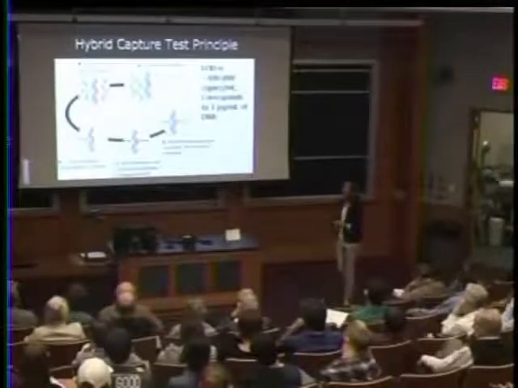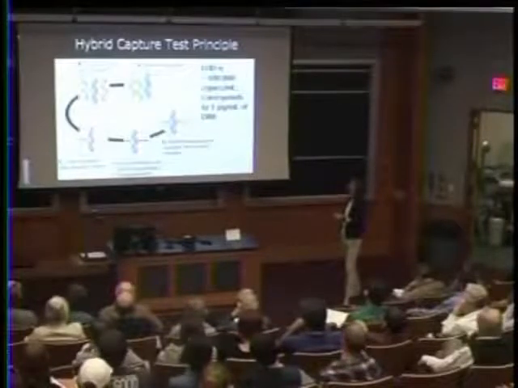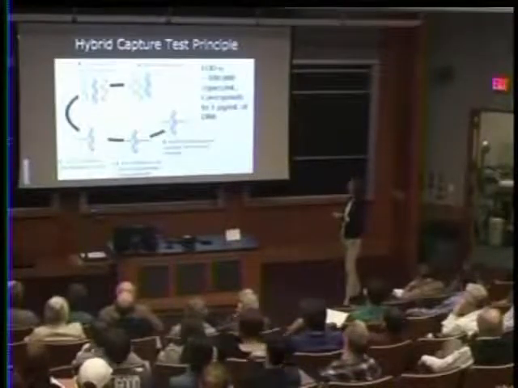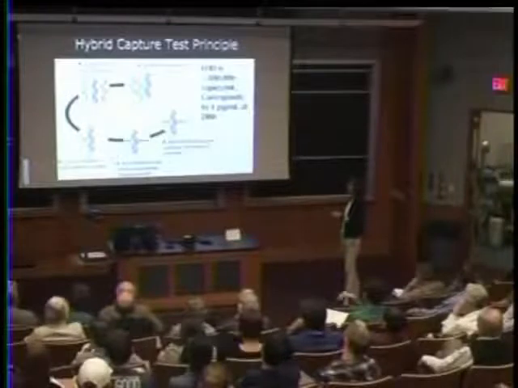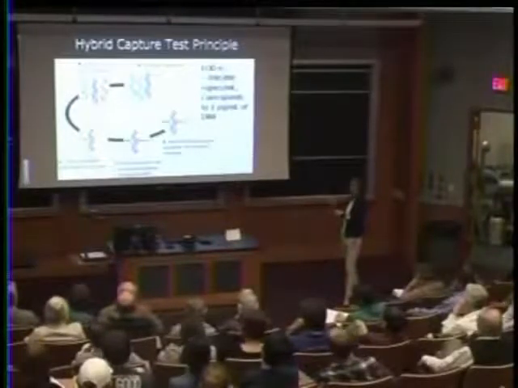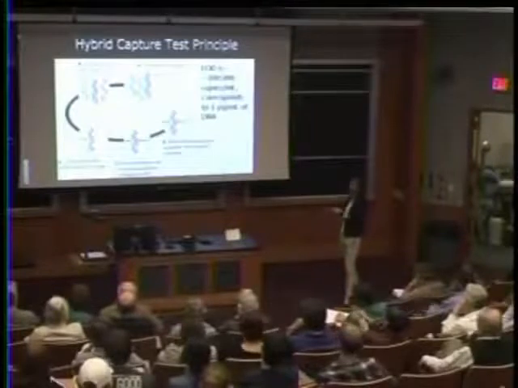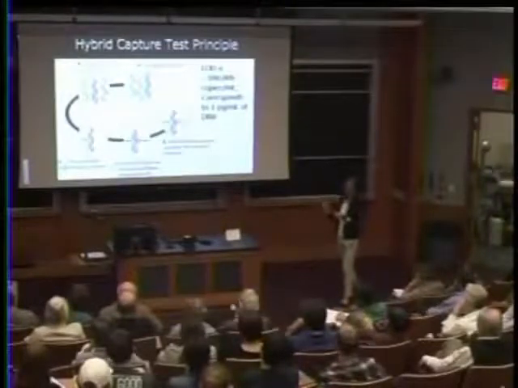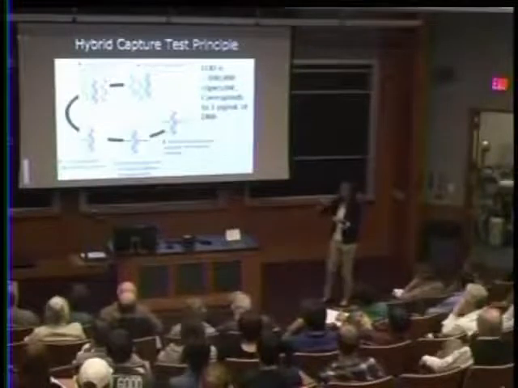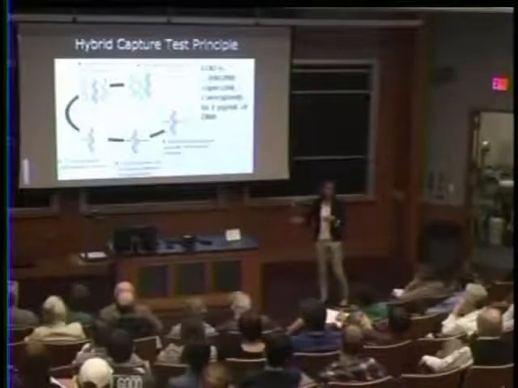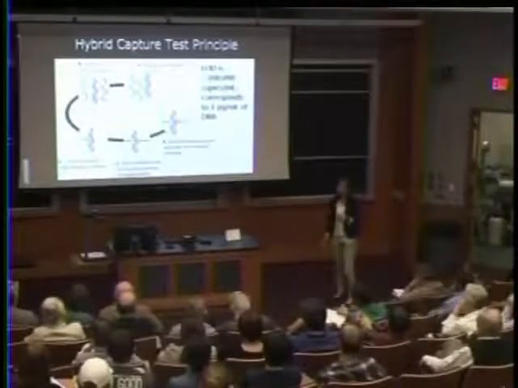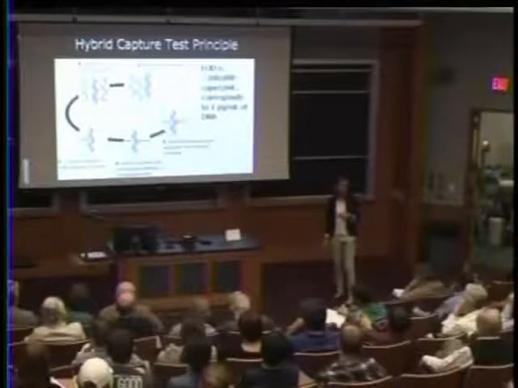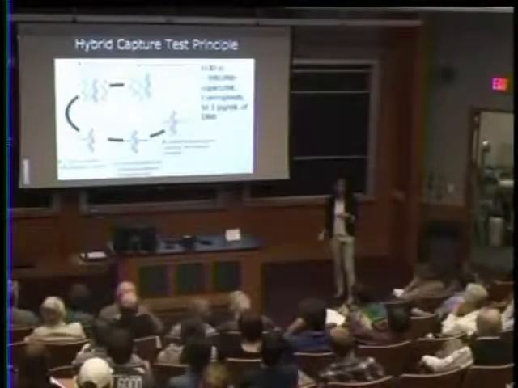So the way it's done today is you do this hybridization, then you make a sandwich between your capture antibody and your detection antibody, but now we put an enzyme here, and that enzyme is going to catalyze a color change in a colorimetric substrate. We can amplify the response so that we are able to detect down to levels of 1 picogram per ml of HPV DNA.